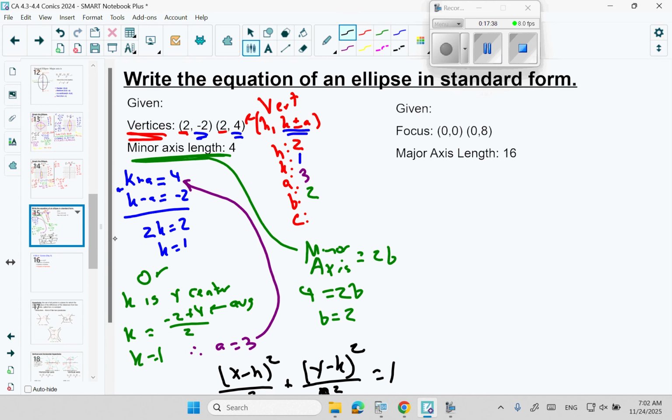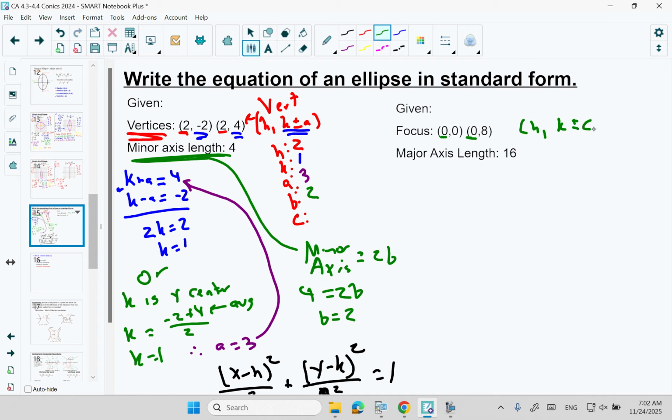Okay. Same idea over here. I can notice that my h stayed consistent here, so this is k plus and minus c. So I would look at which one of my sets of equations has plus and minus c in the k value. Well, that means this one is going to be vertical again.